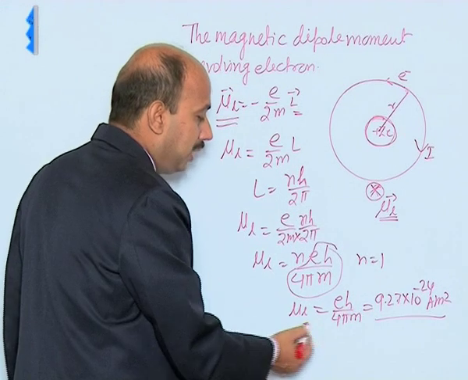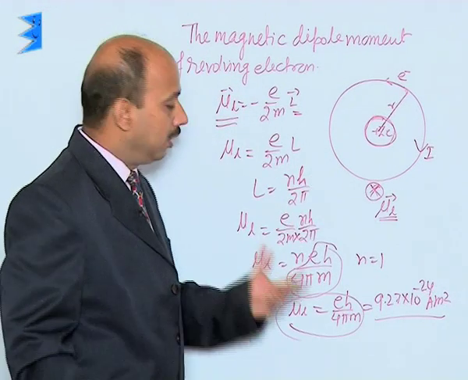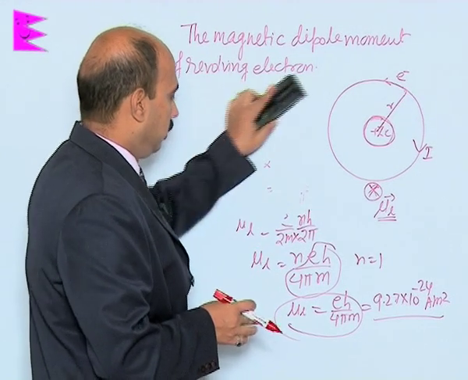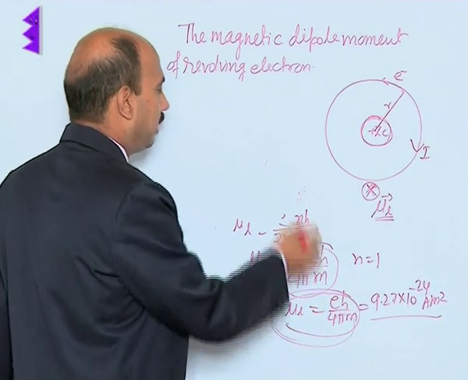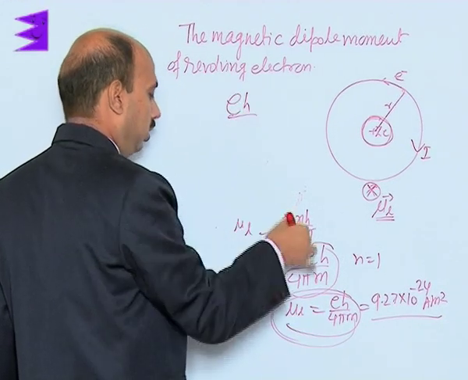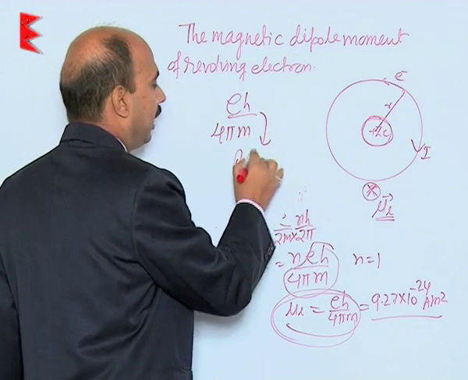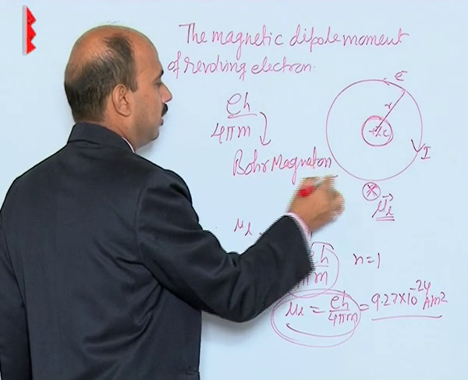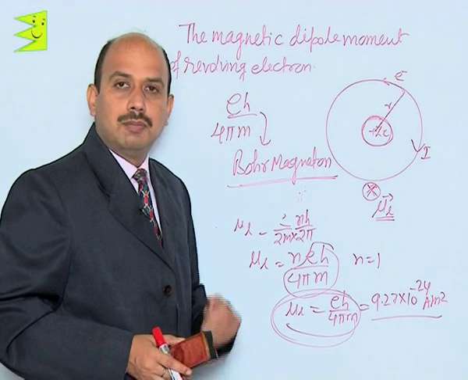So this is the minimum orbital magnetic moment of the orbiting electron, that is, E h upon 4 pi m, which is known as the Bohr magneton. So this is about the Bohr magneton.